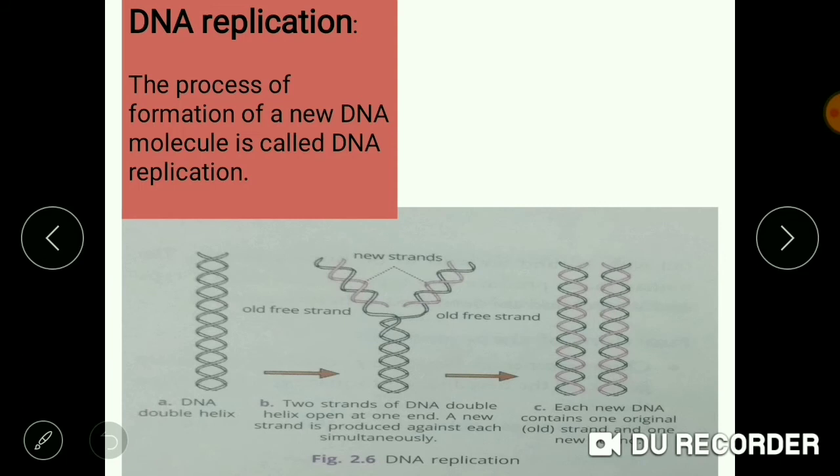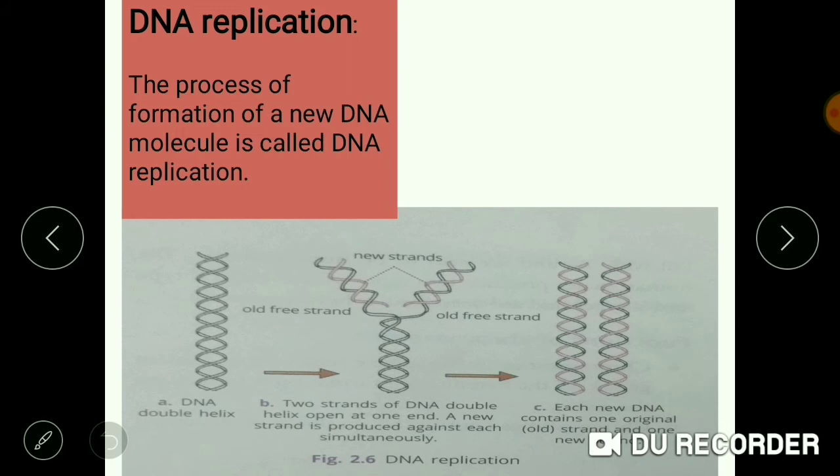Now we move on to what is DNA replication. Replication means forming a copy of its own, the process in which a new DNA molecule is formed from the parent DNA molecule.